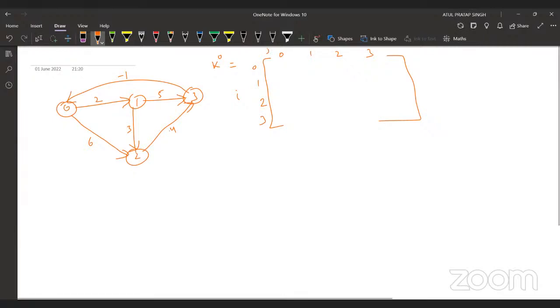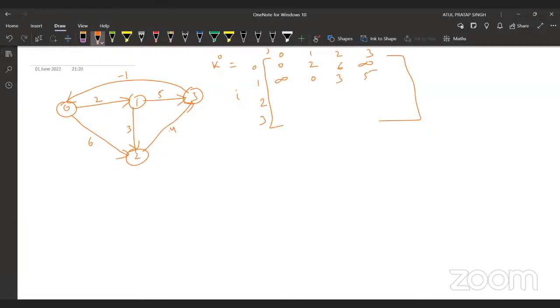So 0 to 0 is 0. Here 0 represents the same vertex, and infinity represents that no path is available. 0 to 1 is 2. 0 to 2 is 6. 0 to 3 there is no edge, so we represent it as infinity. 1 to 0 is infinity. 1 to 1 is 0. 1 to 2 is 3. 1 to 3 is 5.